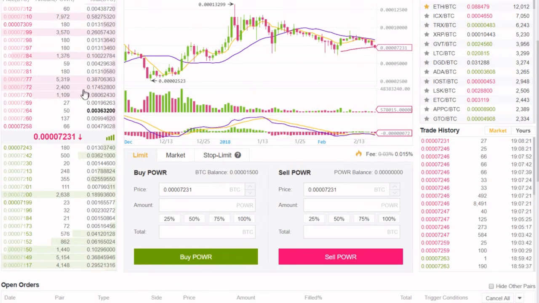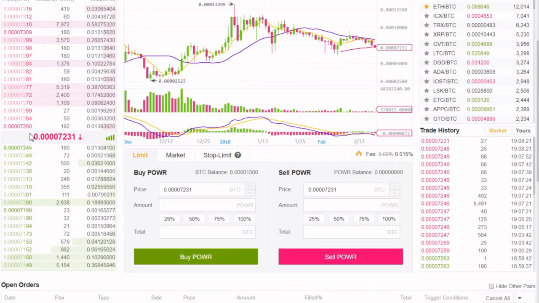This is the lowest selling price, and this is the highest buying price in at the moment. So this person wants to sell their Power for 7258 Satoshis. You can see it just changed. All right, so 7,258 Satoshis, and this person, that's the highest.